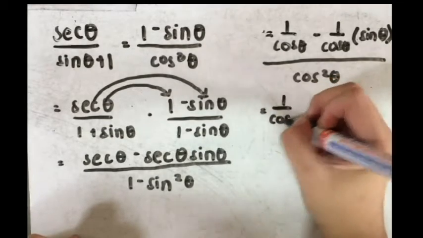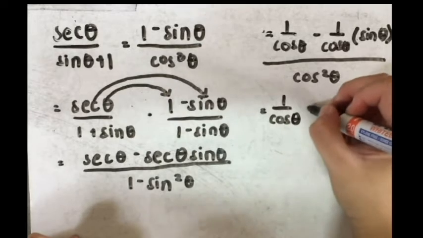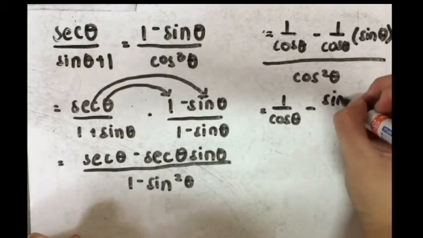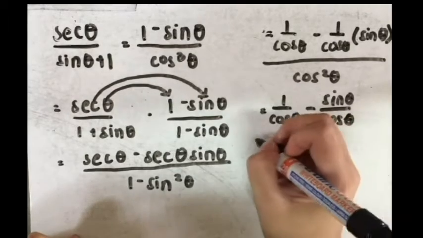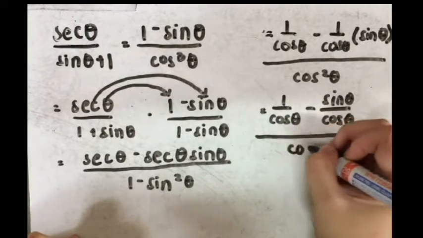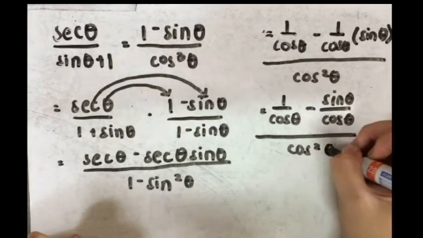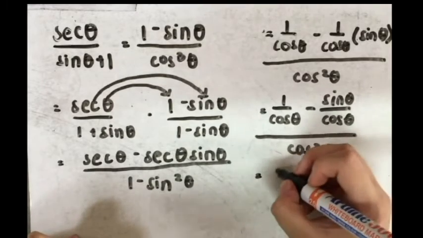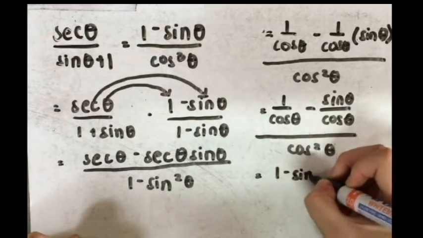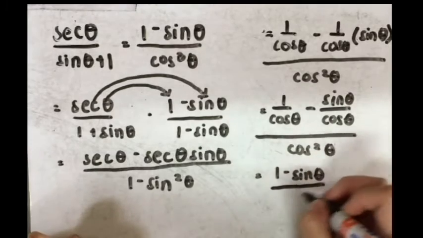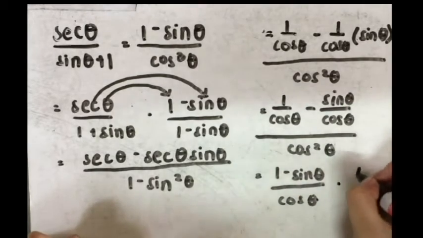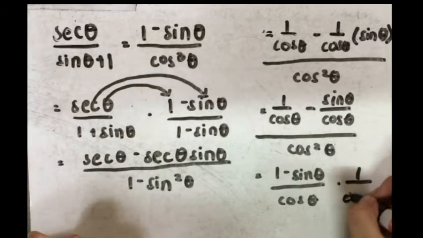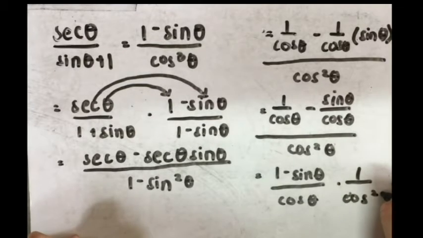It will now be 1 over cos theta minus sin theta over cos theta all over cos squared theta. Divide the equation. It will now be 1 minus sin theta over cos theta times 1 over cos squared theta.